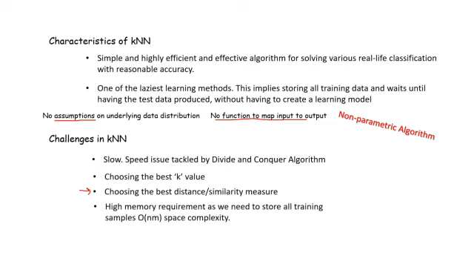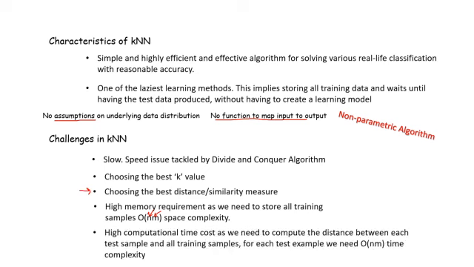And then the memory requirement is pretty high because we are going to store all the training samples, and that means O(NM) space complexity, where N is the number of examples and M is the number of features. Similarly, the computational cost is also O(NM) time complexity, because we are actually measuring the distance between each test sample and all the training samples. So that is a pretty high computational cost incurred here, and the time constraint we have already talked about.